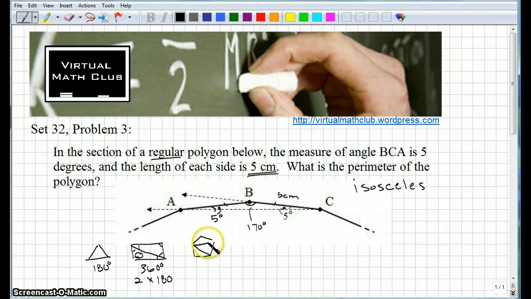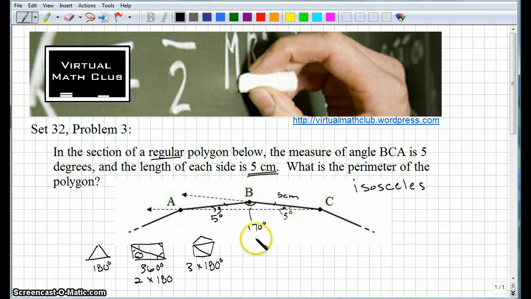If we break this pentagon into 3 triangles, then the sum of the interior angles has to be 3 times 180 degrees, because the interior angles of the pentagon are just the sum of the interior angles of the 3 triangles, the way I've drawn it here. You see that? And you can see there's a pattern going here.